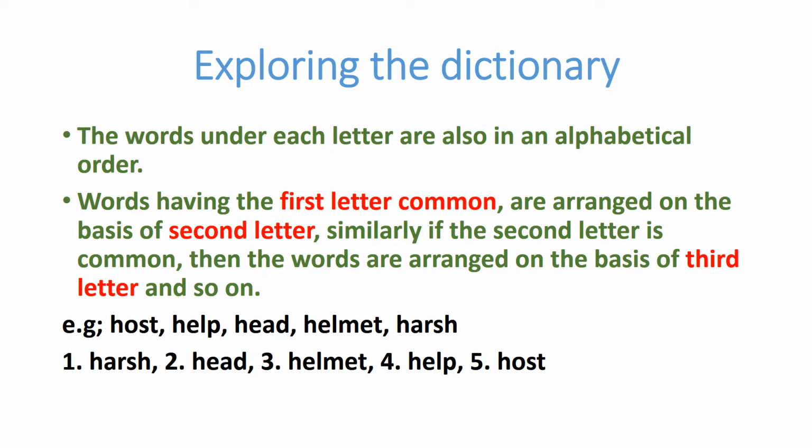Students, when we explore the dictionary, we know the words under each letter are also in alphabetical order. If we are looking at one letter, that letter is also listed in alphabetical order. Words having the first letter common are arranged on the basis of the second. When you are looking at the words in the dictionary, first you look at the first letter, and when you are trying to arrange them alphabetically, if the first letter is common, then you go to the second letter.